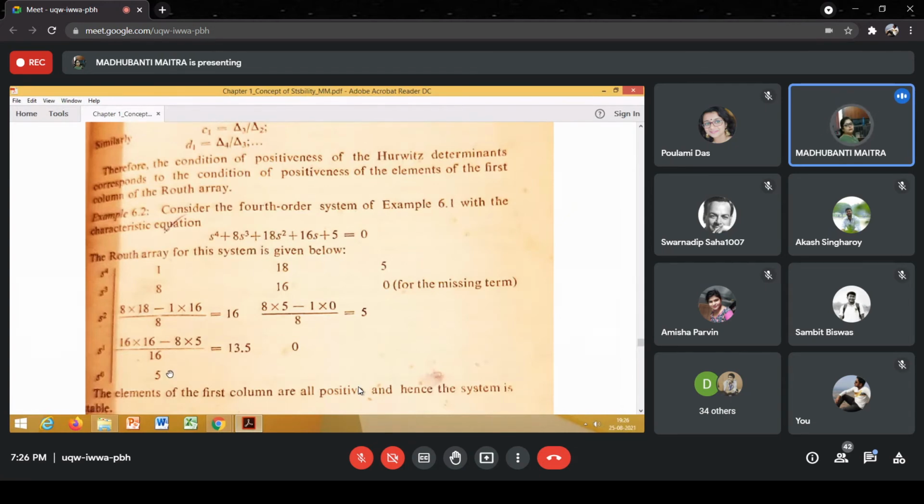Remember, Routh stability criterion provides us with the information about the absolute stability of the system. From Routh stability criterion, it's really very difficult to find out the relative stability of a system, right? To ascertain the relative stability of a system, we'll have to use some different tool. Routh stability criterion only gives us information about the absolute stability of the system.